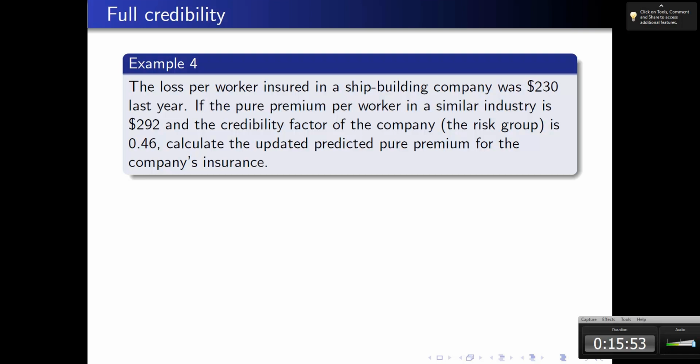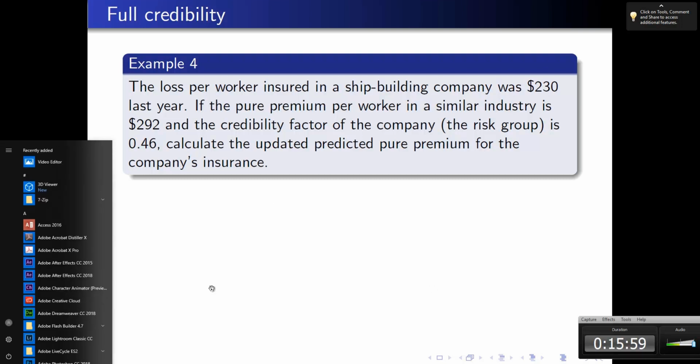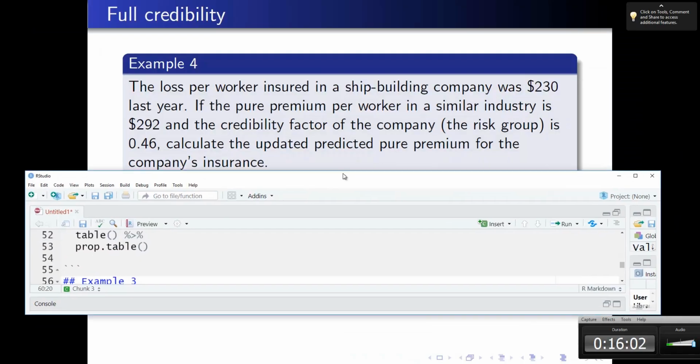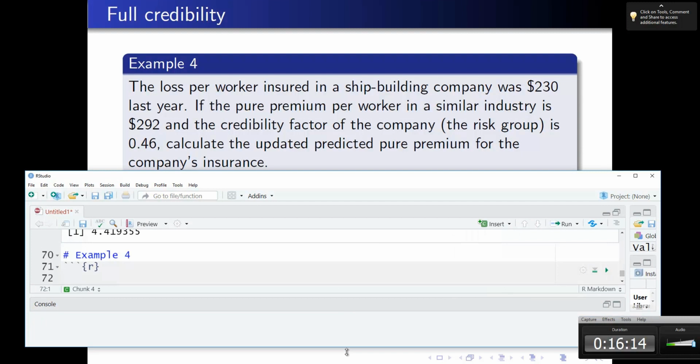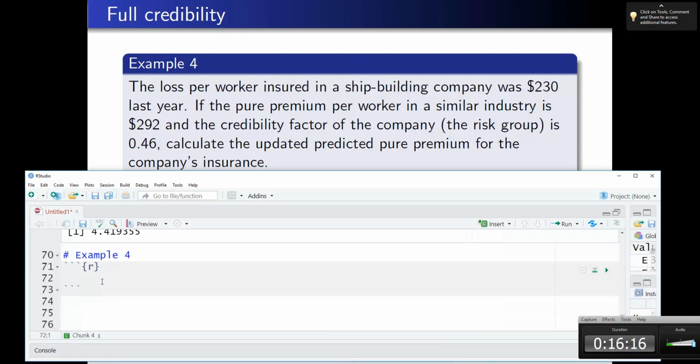What will be the predicted pure premium? So what we have from this task, let us define the variables we have. Example 4. Pay attention to these examples, because next time you are going to solve tasks according to this lecture.